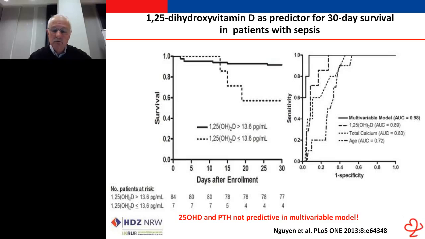We need more research in this field, but it's interesting, for example, that in patients with sepsis, those who had very low 125 dihydroxyvitamin D levels initially had a relatively high mortality rate, and that in a multivariable model, 125 dihydroxyvitamin D, total calcium and age were very important predictors of 30-day survival in this study.